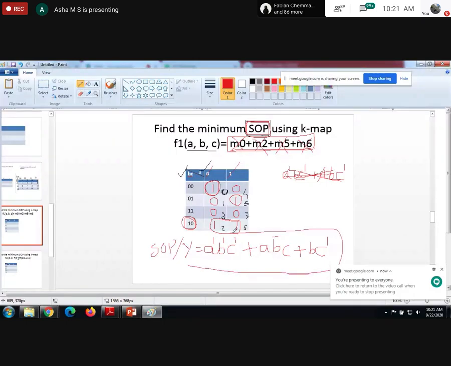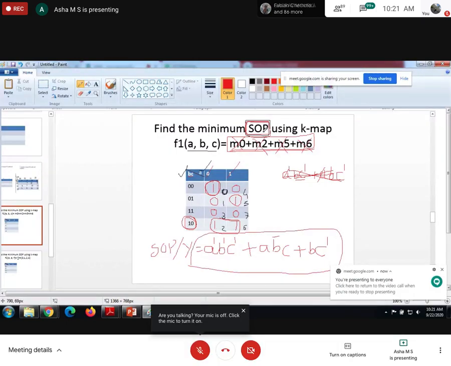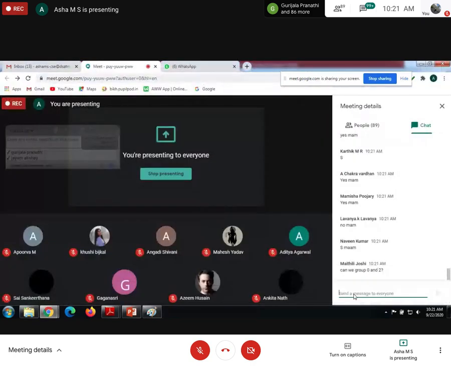They will give the expression, you plot a K-map, place 1 wherever the minterms or decimal numbers are, remaining cells will be 0, then make groups of ones and convert them to an expression. That's all. It's very easy, right?